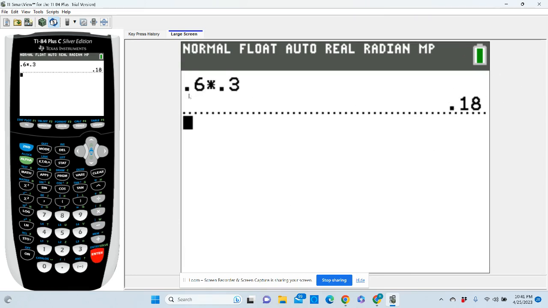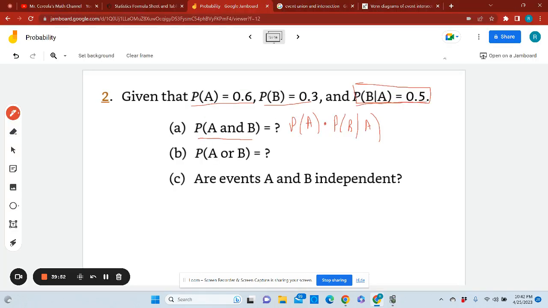So if one has a 60% chance and another has a 30% chance, and these two things have no effect on each other, occurring or not occurring, right, then they're only going to overlap 18% of the time. But they tell us here they're going to overlap 50% of the time. So are these events independent? No. We already know that, actually, just by doing some quick math. They can't be independent.